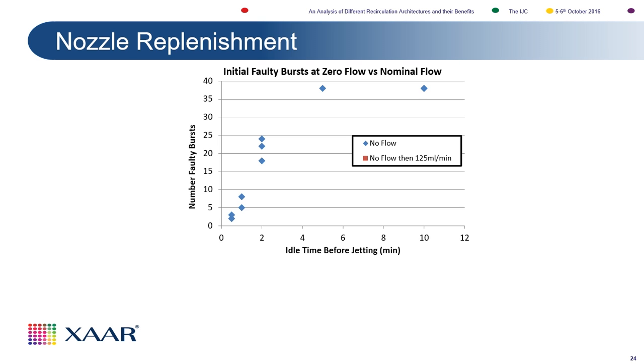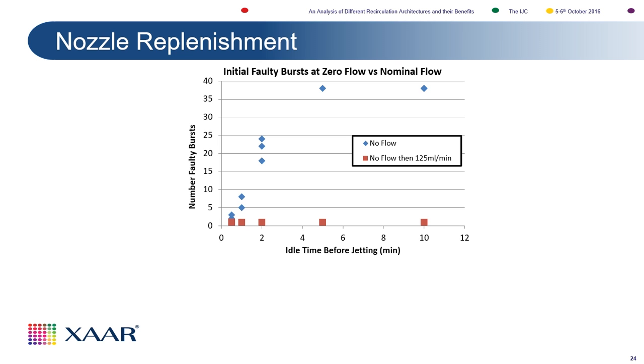And once you get to 5 minutes, all 37 bursts are affected. That compares to 120, where you've got a high flow rate. We can see that the first burst is affected, but even when you idle up to 10 minutes, the only burst that is affected is the first one. So again, you can see a clear impact through the high recirculation rate.